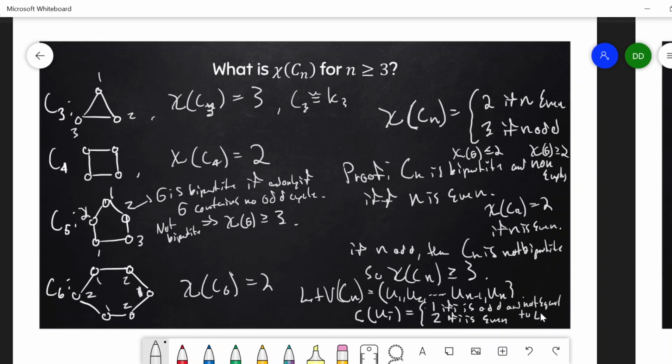The last vertex I need to color differently, so I'll color it 3, that is, color Ui 3 if i equals n. I would have done 1, 2, 1, 2, and then color that last vertex 3, as a way to always do a coloring. And so that shows the chromatic number is at most 3, and so we get that it's actually equal to 3. And there's a proof.